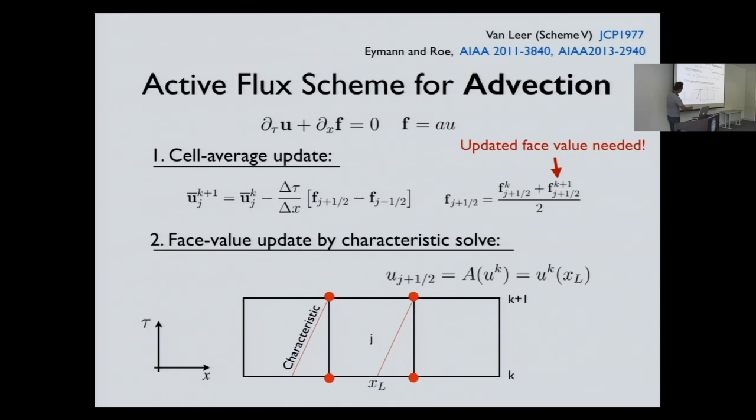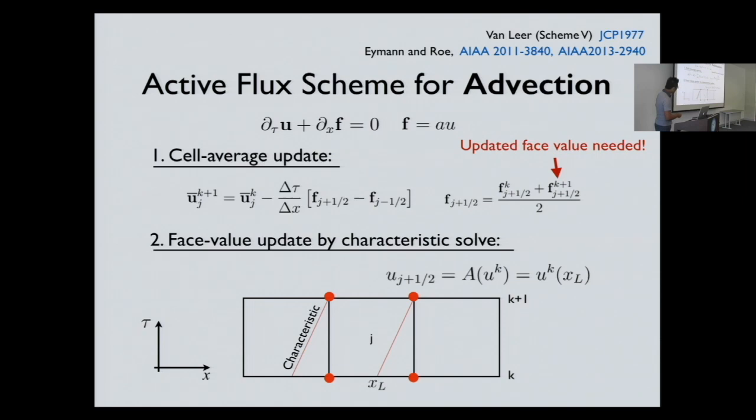You do this at every face, and you get the solution at the next time level, and you compute this flux because it's just a times u. I denote this trace-back operator by A, which stands for advection. So this is a complete algorithm in one dimension. I'm not going to talk about multi-dimension, but in multi-dimension, this is where the multi-dimensional upwinding comes in.